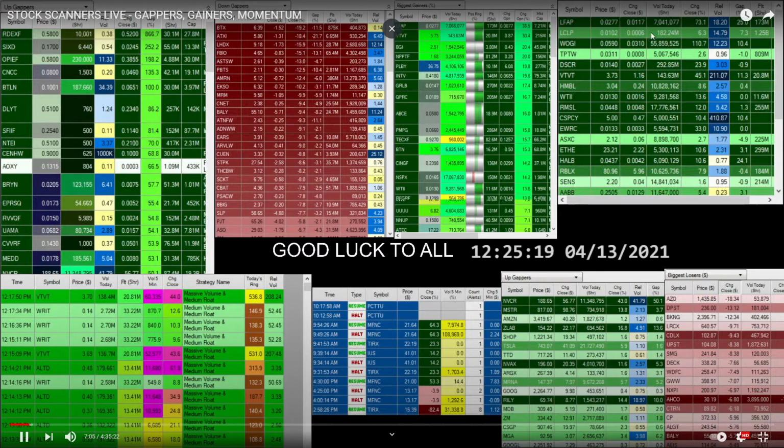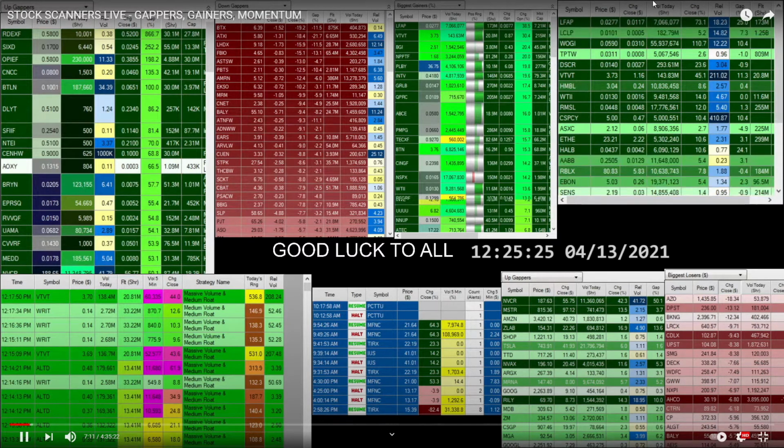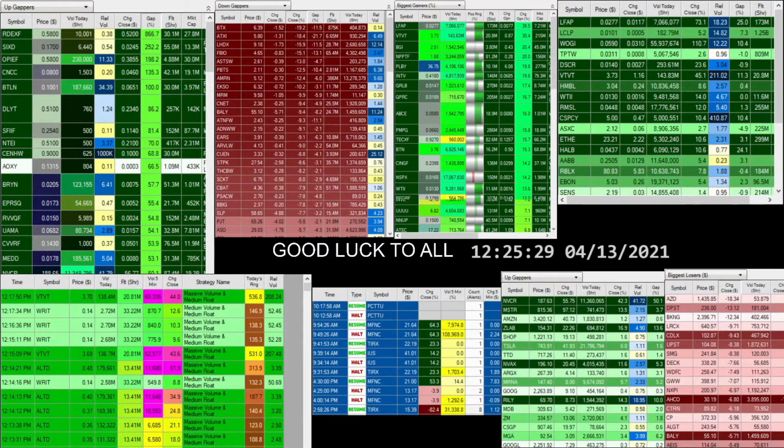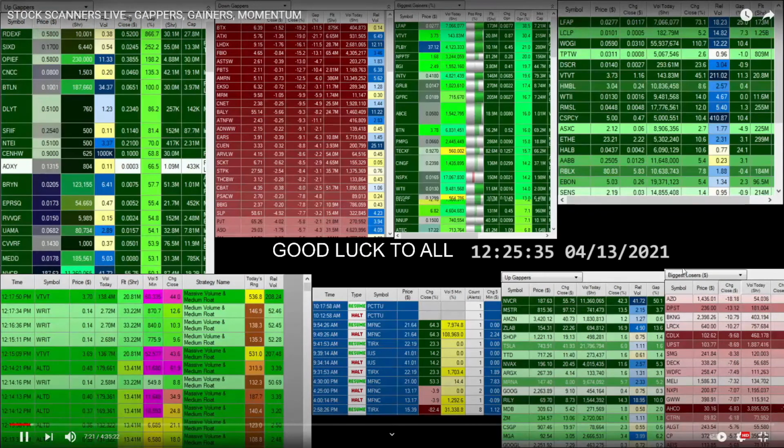And the last scanner here, the top right, is the VWAP hold scanner. So this one unfortunately doesn't have a label on it, just because the way that the scanners show on OBS is not completely the same as I actually see it in my windows. The top of the windows are missing.